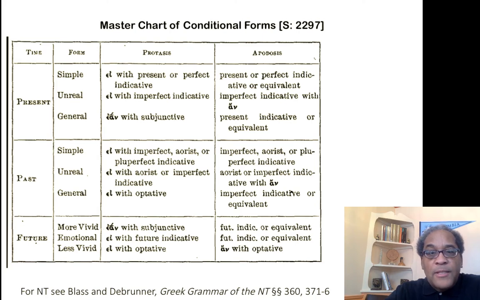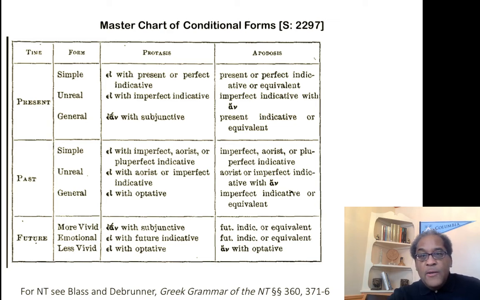So you have present simple conditions, present unreal conditions, present general conditions, and likewise among past conditions you have those same simple, unreal, and general. And then with regard to future time, you have again three different distinctions: more vivid, less vivid, and emotional.